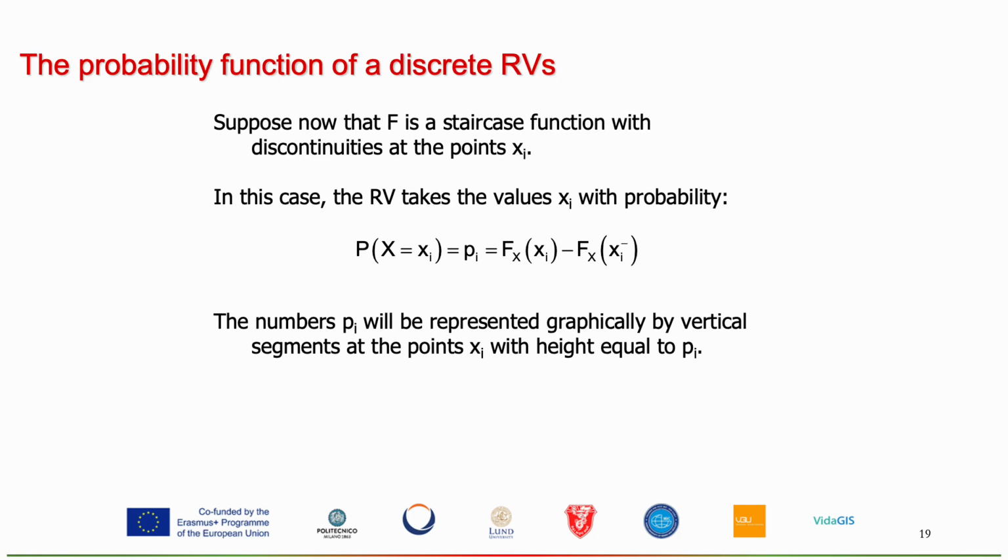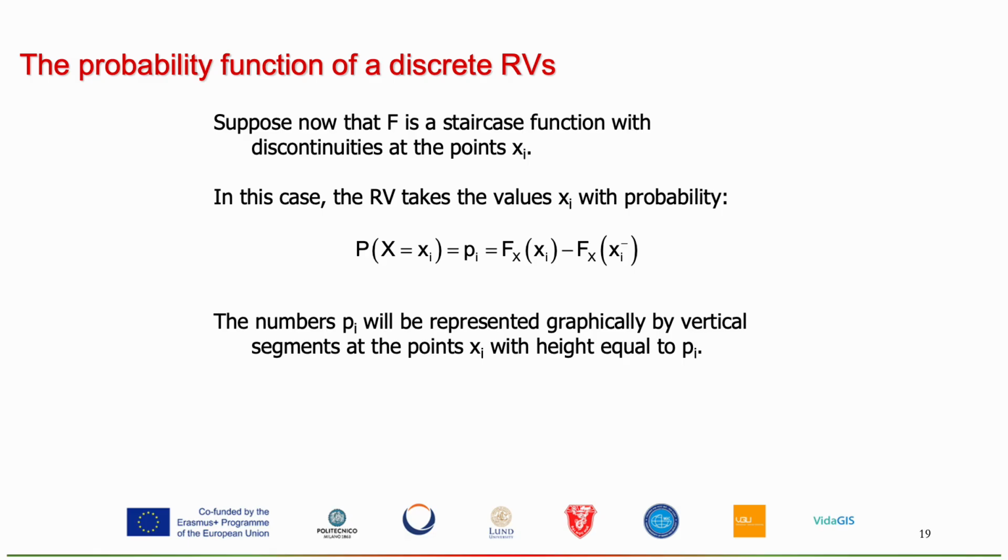Now, let's investigate in more detail the probability function of a discrete random variable. Let's suppose that the cumulative function is a staircase function with discontinuities at certain points xi.